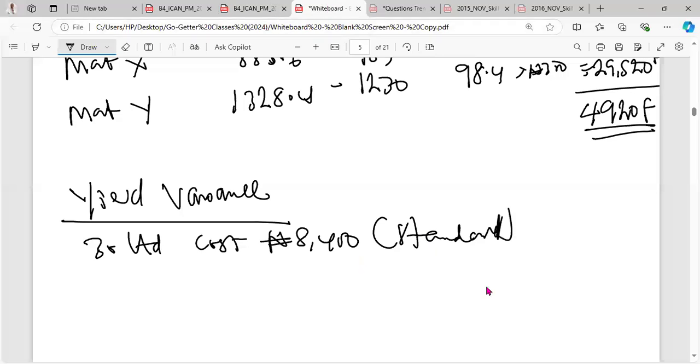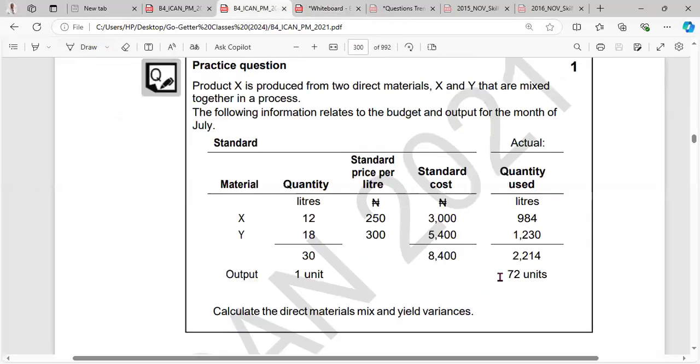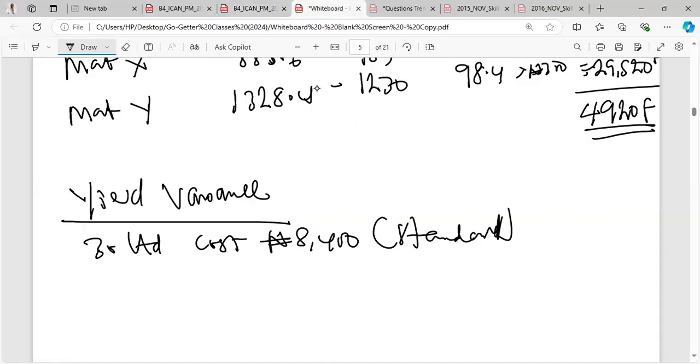That's one thing we also know. We also say 30 liters make 1 unit. We also say 30 liters made 1 unit output standard.